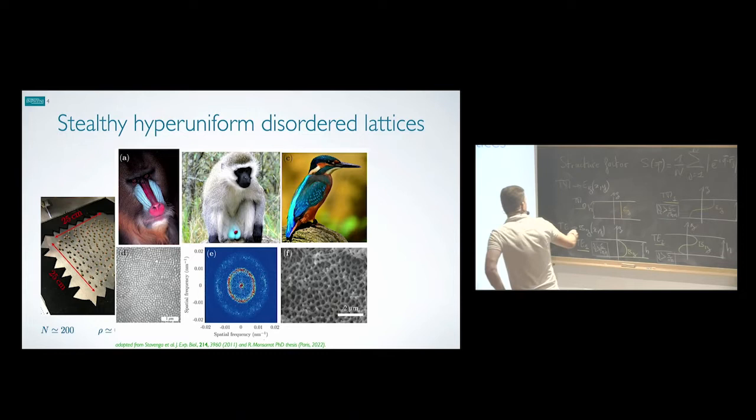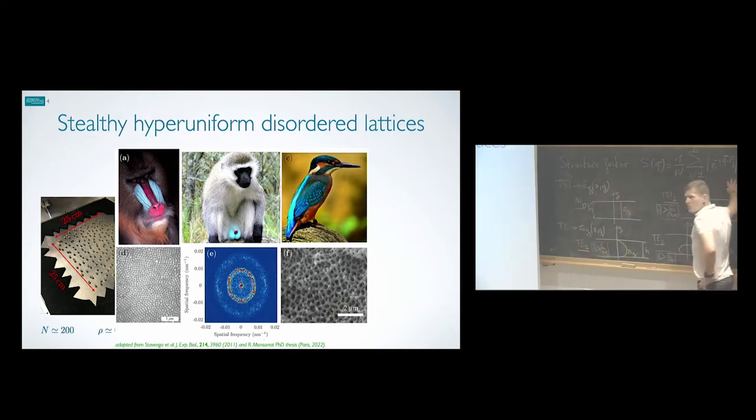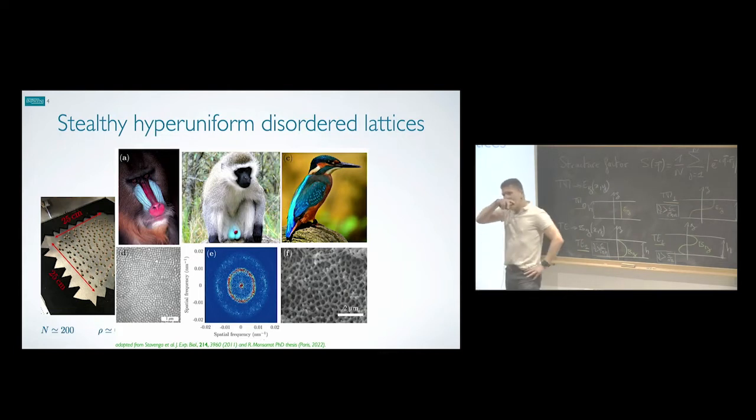I recall here the definition of the structure factor, which is essentially the spatial Fourier transform of the positions of the scatterers, here the collagen, and you have this very specific behavior of the structure factor with a region near the origin without any diffusion. And you have the same strategy in the feather of this kingfisher, and here you see the microscopic view of the very tortuous structure of the feather.